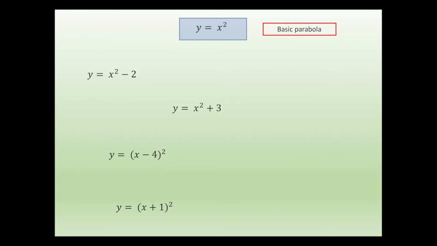In general terms, when we translate y equals x squared, which is the basic parabola, up and down or left and right: y equals x squared minus 2 and y equals x squared plus 3, one moves the basic parabola down, the other moves it up.